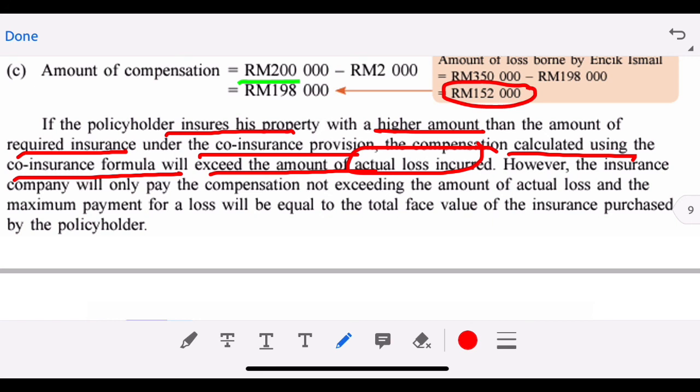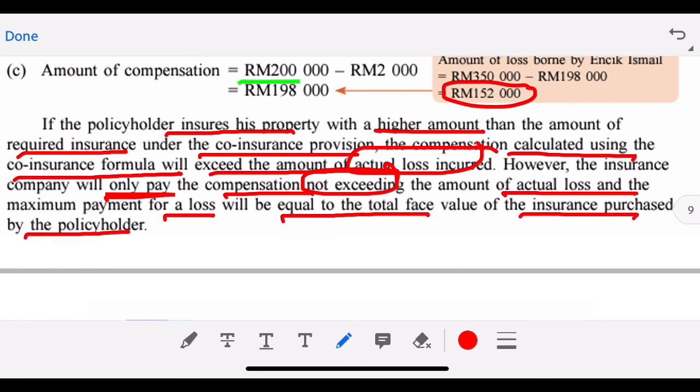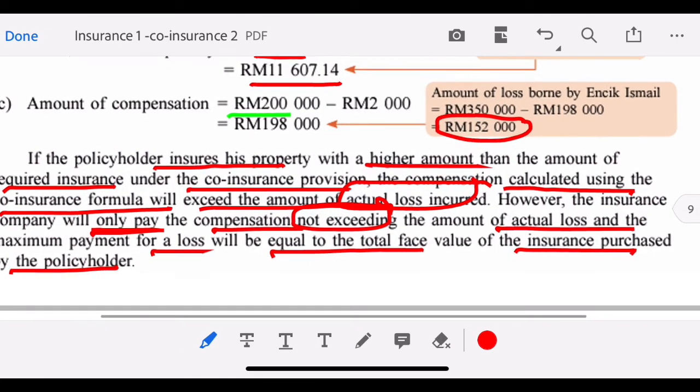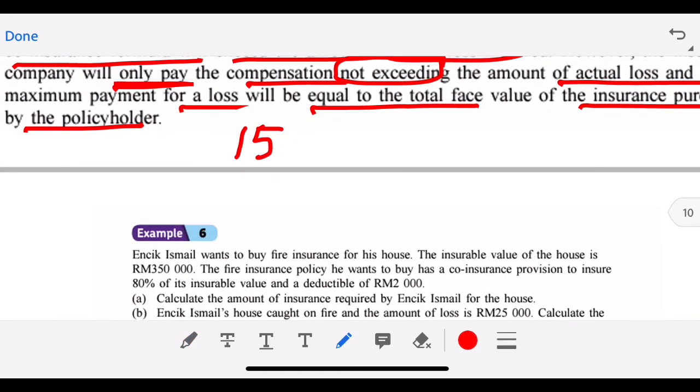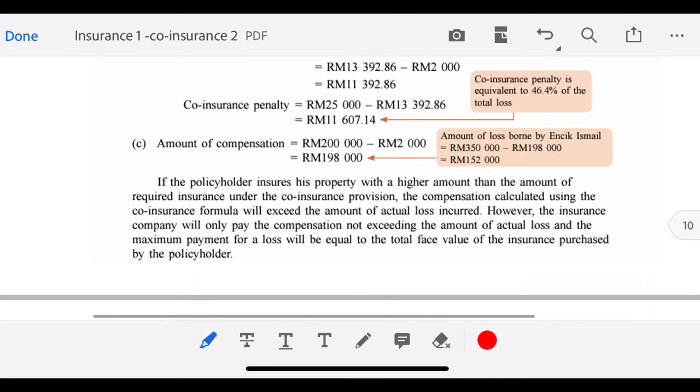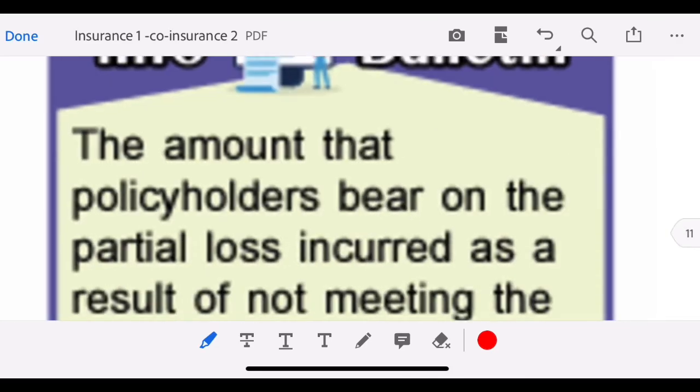However, the insurance company will only pay compensation not exceeding the amount of actual loss, and the maximum payment for a loss will be equal to the total face value of the insurance purchased by the policy holder. So the amount of loss borne by Encik Ismail is 152,000. So in this case, the insurance company will pay Encik Ismail 152,000.